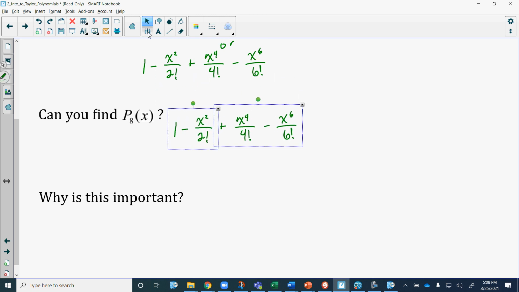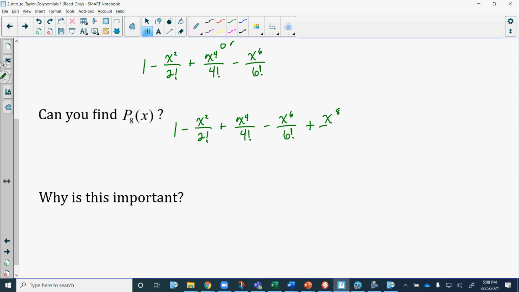And with the alternating signs, this would be plus x to the 8th power over 8 factorial. And there we go. And if you want to type that one into your calculator, go for it and see what the approximation, how it's going to change on the graph.